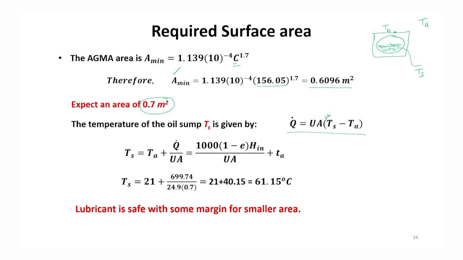So, using that we got T_s, the temperature of this sump, is equal to T_a plus Q dot divided by UA, overall heat transfer coefficient multiplied by lateral area, and so we got the lubricant temperature, and the lubricant temperature came as 61.65 degrees centigrade. So, lubricant is safe because it is not very high, and so the lubricant is safe with some margin of smaller area.